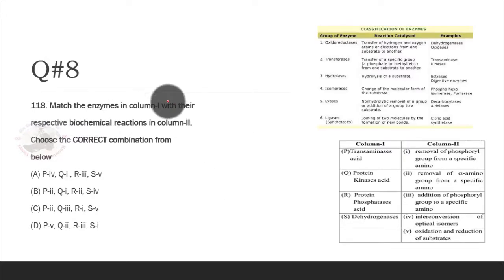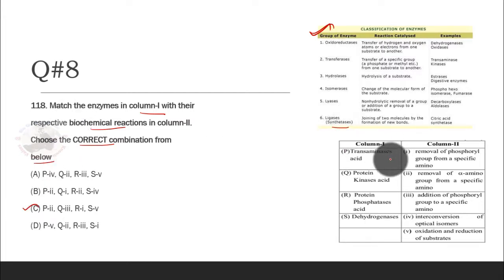Next, match the enzymes in column 1 with the respective biochemical reaction in column 2. Choose the correct combination below. Here, the table displayed is very important. You must know which enzyme group is involved in which process. Mostly the KVPY exams are based on enzymes specifically, so we must know all these reactions. Here the correct matching will be option 3.